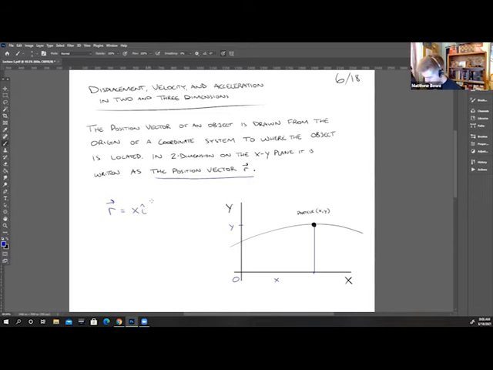If you haven't seen i hat, j hat, k hat, I believe I might have skipped unit vectors when we were in the vector section, but this was a beginning point in a lot of calculus classes. i hat is horizontal, j hat is vertical, and k hat is the third dimension, whatever we're doing.